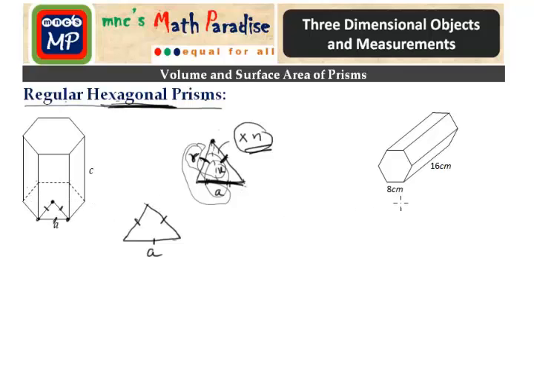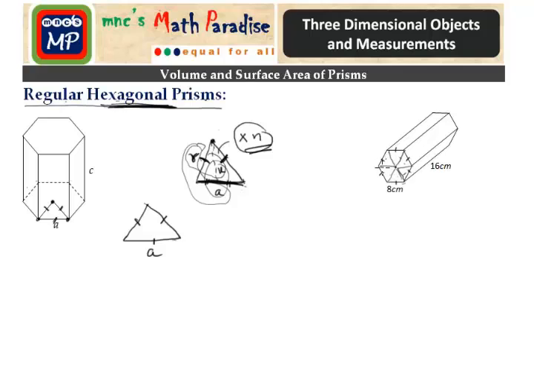Let us do one example that will make our concept clear. So this is a regular hexagonal prism. That means all these arms are equal, and from the center, if we draw these kinds of small triangles, there will be six of them, 1, 2, 3, 4, 5, 6.